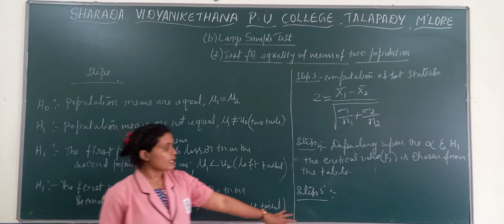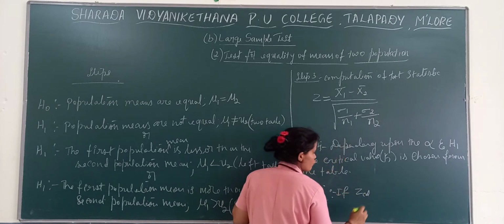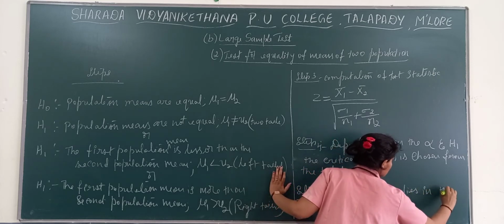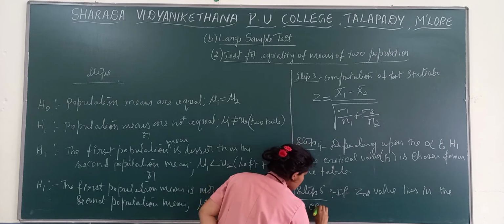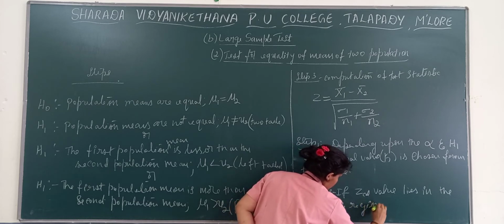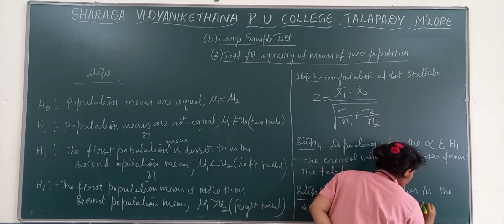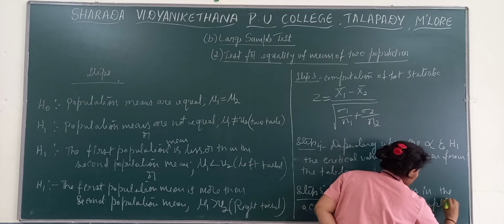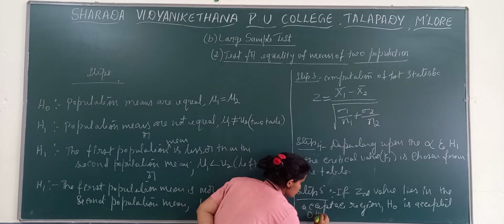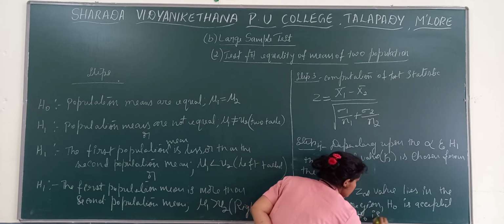Now we have to check if the calculated value lies in the acceptance region, then the null hypothesis is accepted. Otherwise, H0 is rejected.